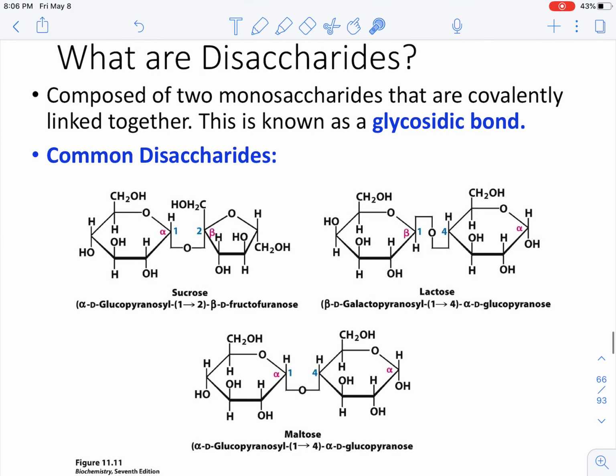Any starch-based food or product, if you hydrolyze it, and starch is a polysaccharide by the way, at some moment you're going to get disaccharides, and that is going to be maltose.